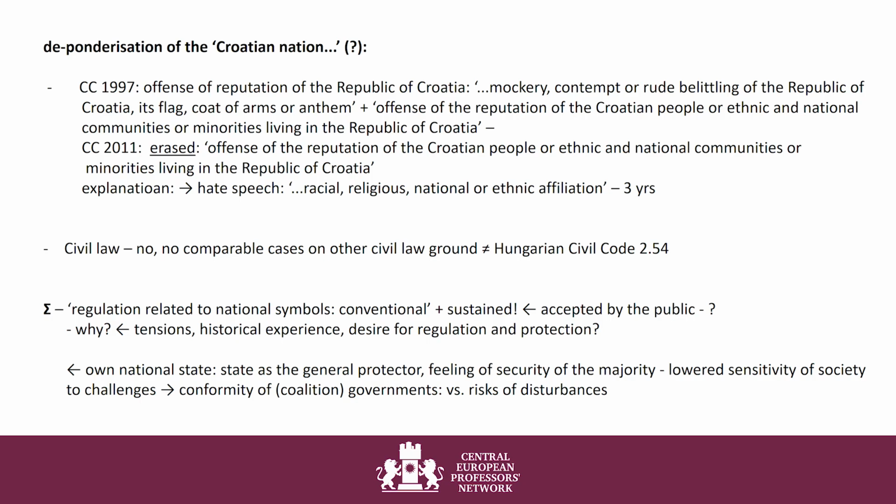the offense against the reputation of the Republic of Croatia also included a part that incriminated offense against the reputation of the Croatian people or ethnic and national communities or minorities living in the Republic of Croatia.